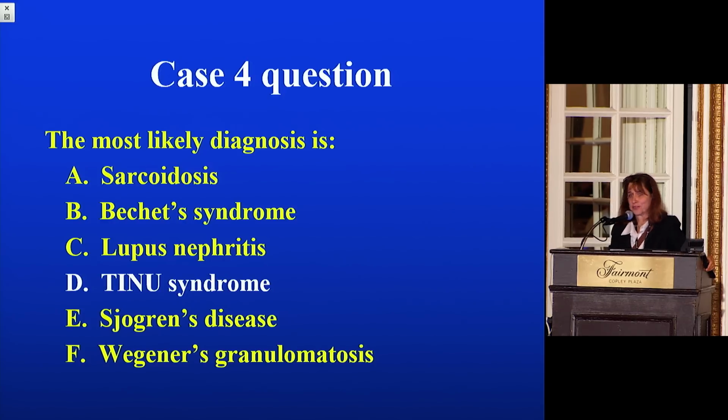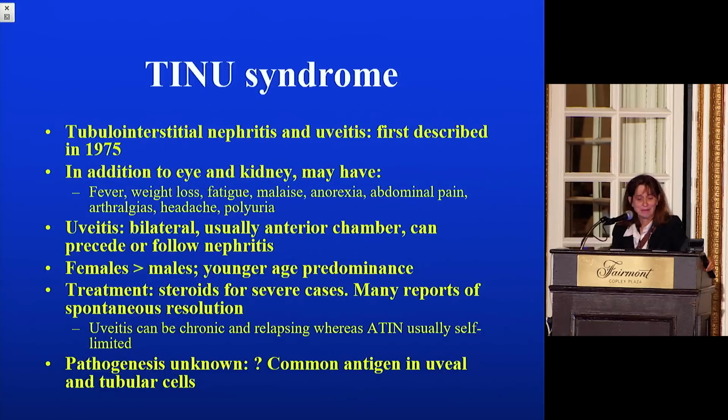Okay, so the answer here is TINU syndrome. Described 1975. There are reports all over the literature now. It's basically an anterior bilateral uveitis with acute kidney injury, and this can occur. Most of the data are in the ophthalmology literature. Roughly, there's a span of about 14 months. You can get the uveitis first. 12 months later, you can get the AKI, vice versa.